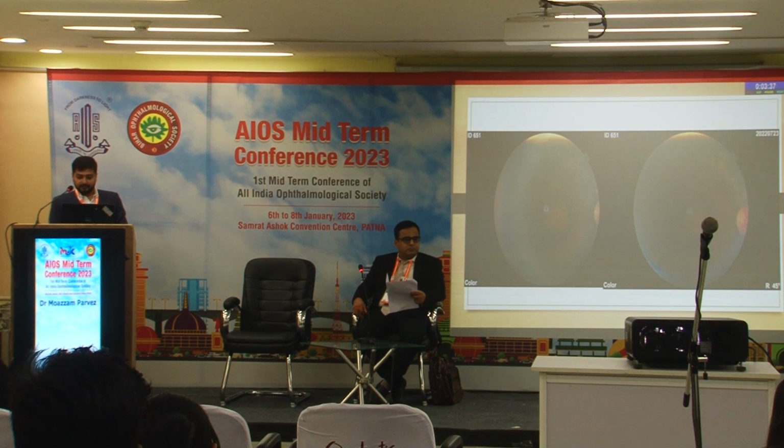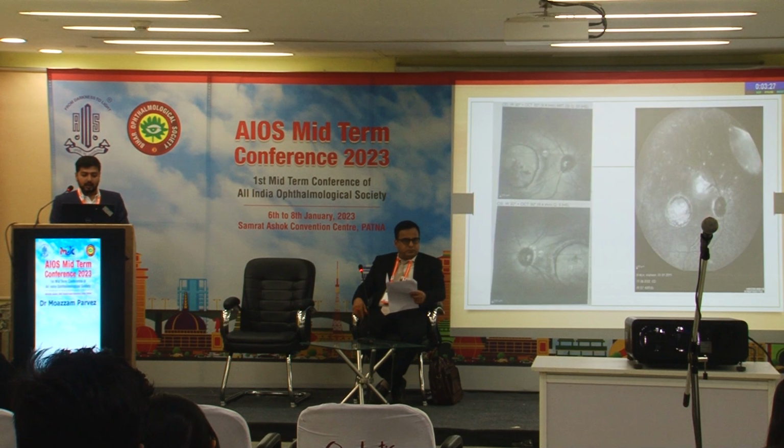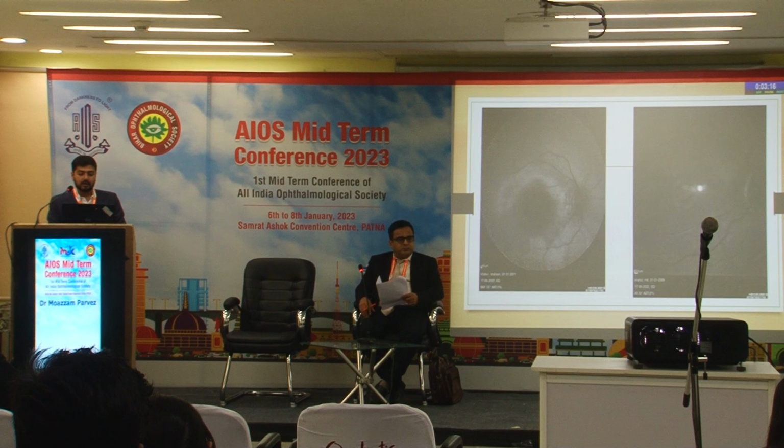So this is a fundus picture noting a punched out lesion in the center of the macula, temporal to the disc. On OCT, the same picture continued in all the 4 kids, where a punched out lesion was seen on the macula, which was hyperfluorescent.